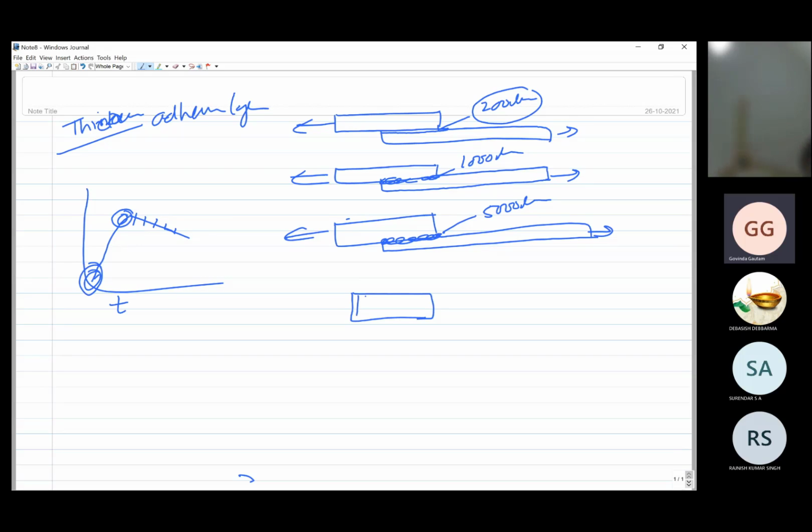If this is the thickness, then you see the adhesive on its own will be dictating the strength of the joint.